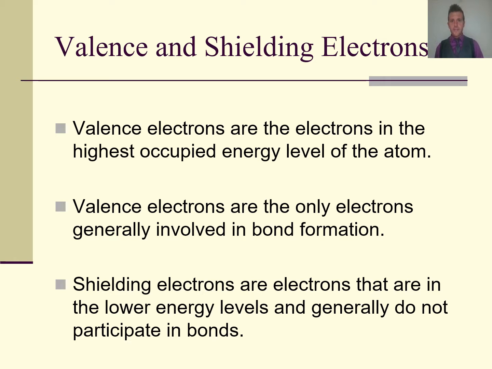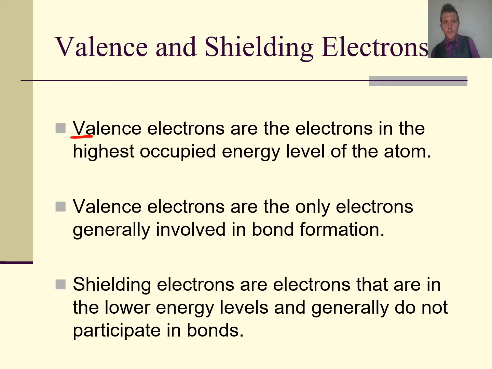All right, valence and shielding electrons. We talked about this a little bit on the last slide. So here we go again. This was covered in IGCSE last year, so this should also be a little bit of review, but I figured I'd go over it anyways because it is very important.